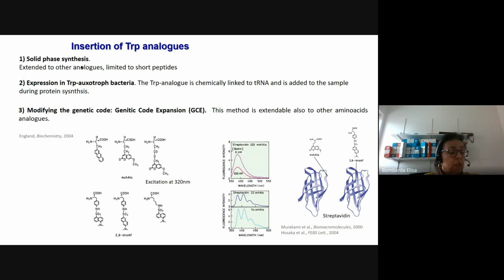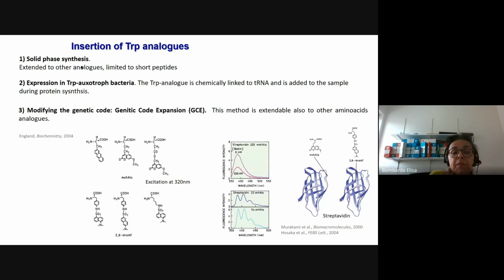Another way is to modify the genetic code with the genetic code expansion method, and we will see later how it works, more or less, at least in general.